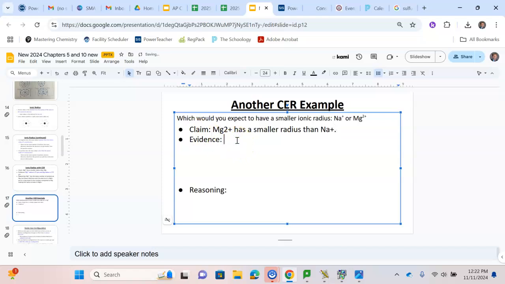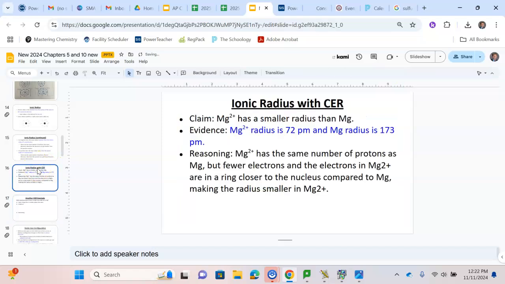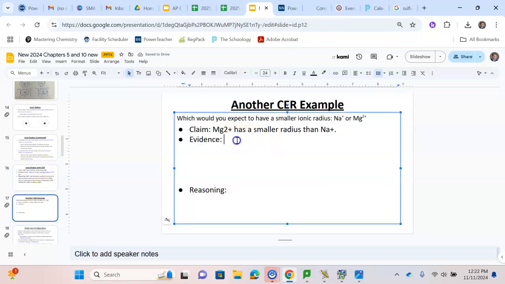How about the evidence? Well, we have the radius of Mg2+ here, 72 picometers. So Mg2+ has a radius of 72 picometers. And I looked up Na+ before starting this video, and it has a radius of 95 picometers.